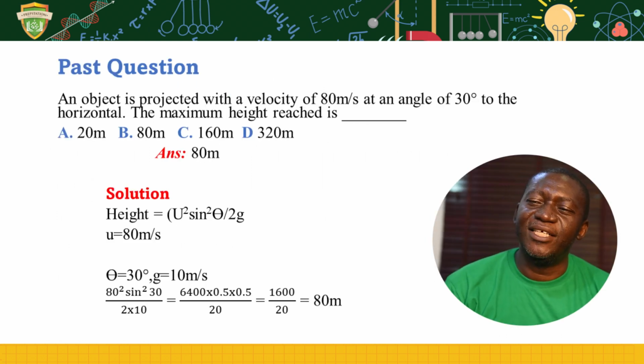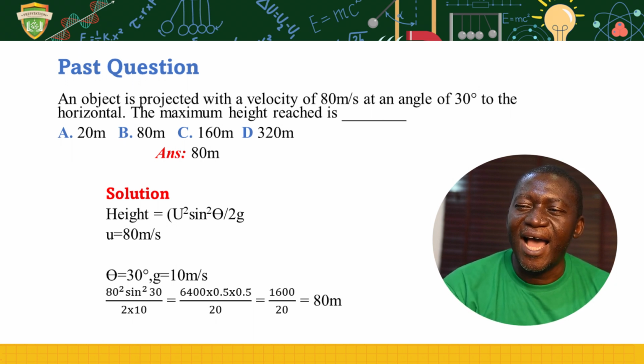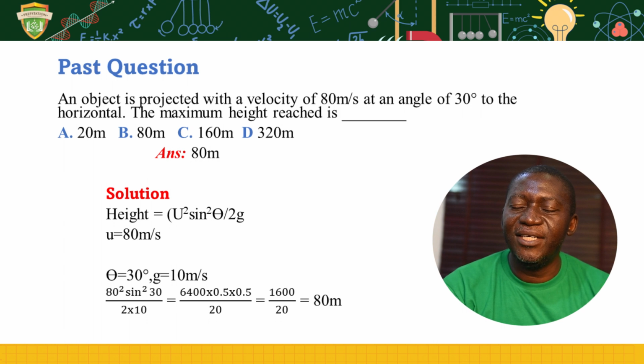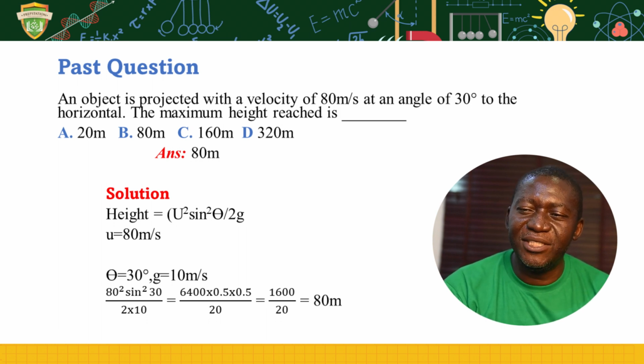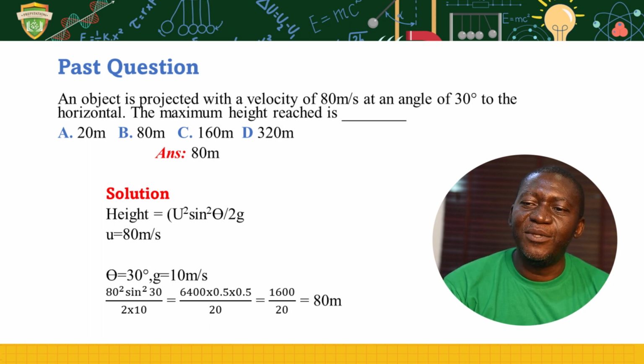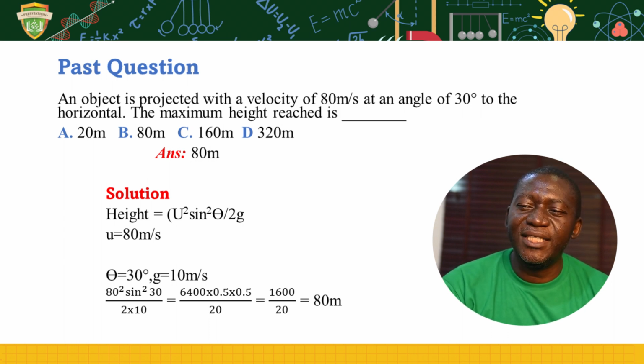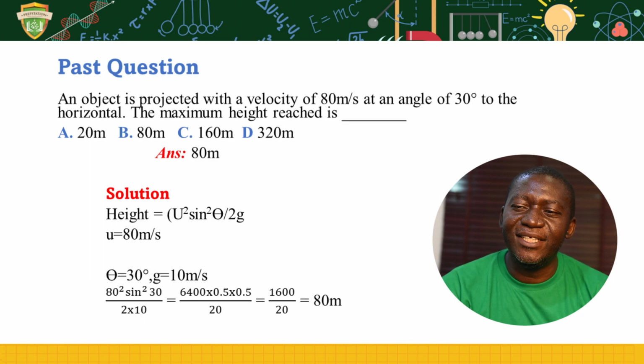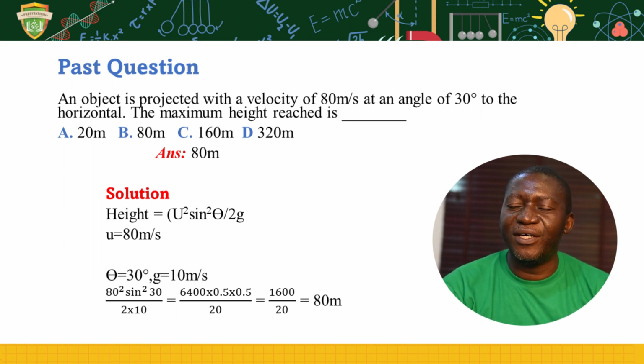Example, let's look at this question. An object is projected with a velocity of 80 meters per second at an angle of 30 degrees to the horizontal. Calculate the maximum height that is reached. From the formula that was given before, our maximum height h is u squared sin squared theta all over 2g.